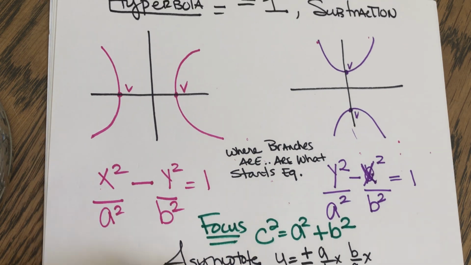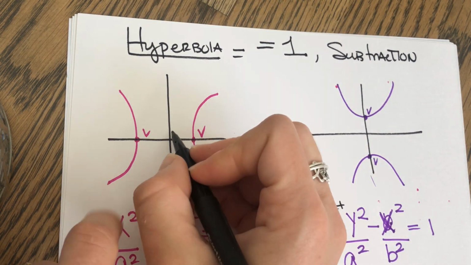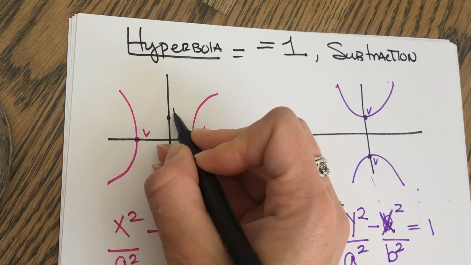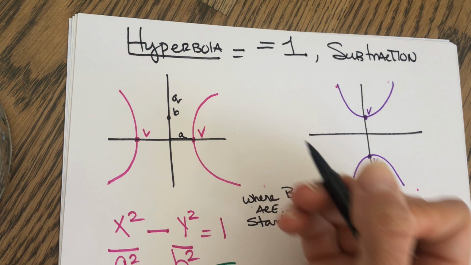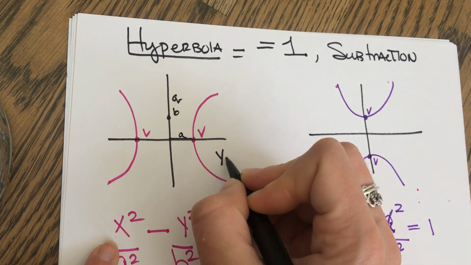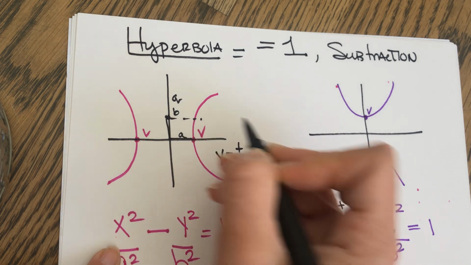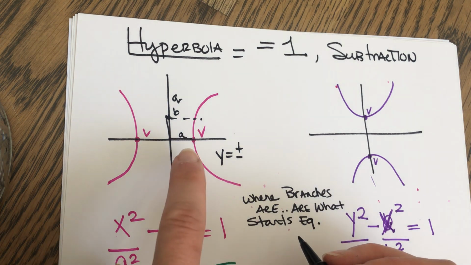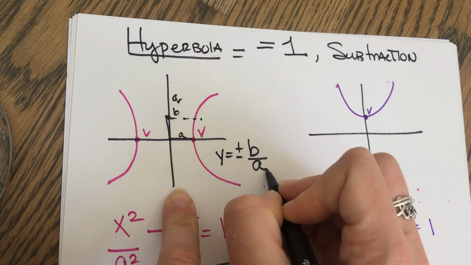So for example, I probably should have done it over here. Let's come over here real fast. This is your b, because it's your covertice. This distance is my a. So your asymptote here is y equals plus or minus, you're going up b over a. So hopefully you remember for this one, it's b over a.